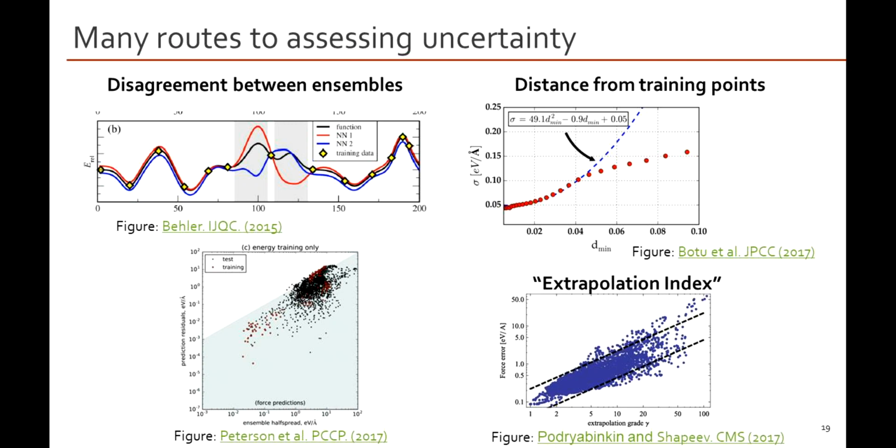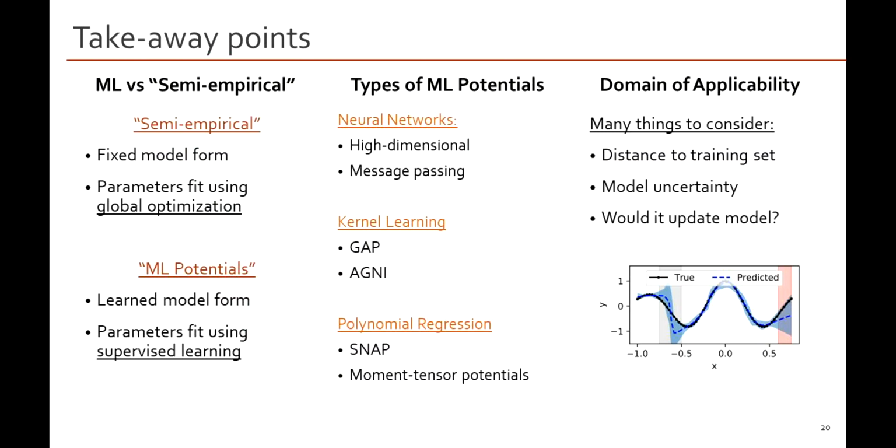So that wraps up my lecture for today. There are really three takeaway points that I want you to walk away with. The first of which is that machine learning potentials stand in contrast to the semi-empirical approaches of the past, where in the case of semi-empirical, we fix a model form and then determine the best parameters for it using global optimization.